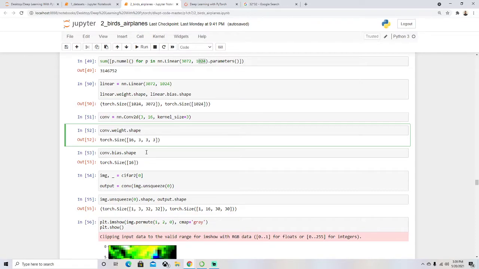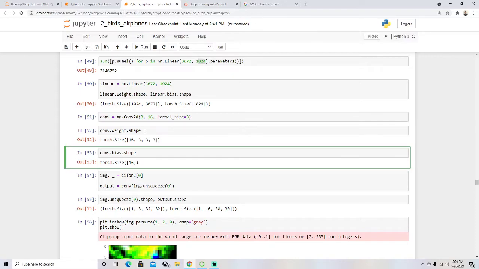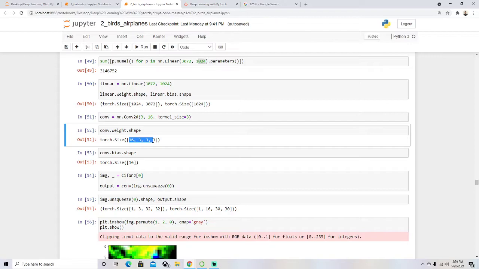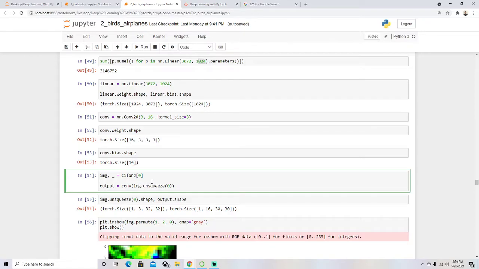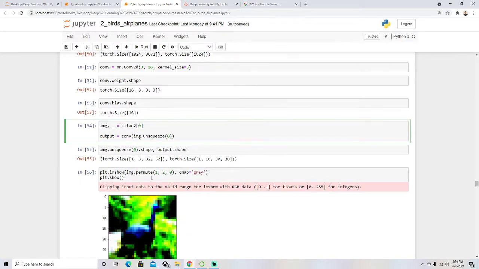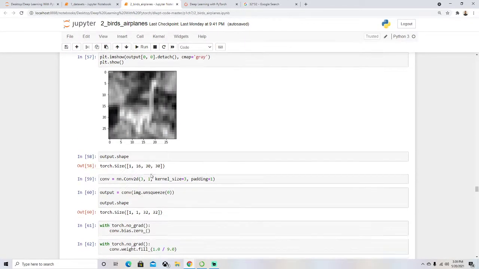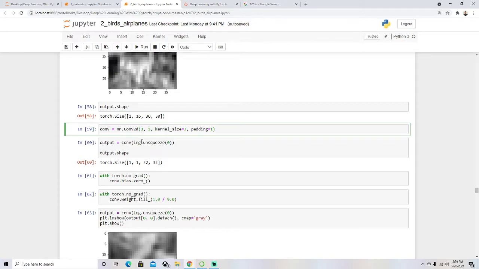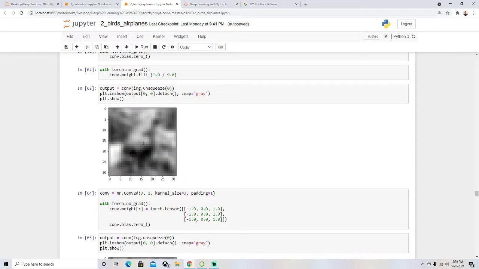Hopefully they go into a good definition of that in chapter 8. But here we have a different weight shape after performing the convolutions, a different bias shape, and so on. Do we train a convolutional neural network? I don't know if we actually do that or not.